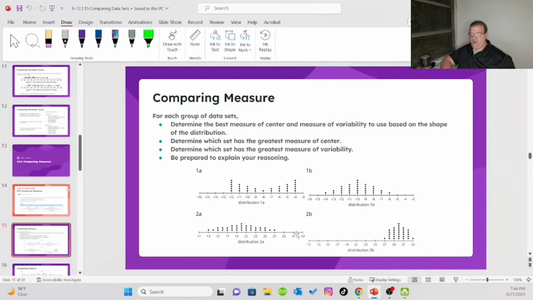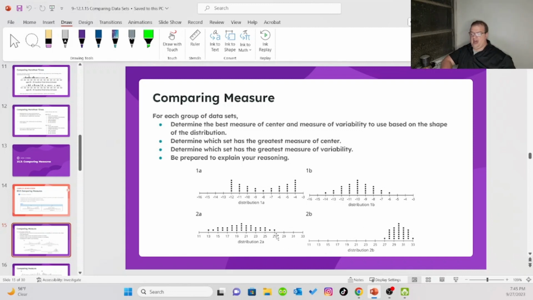Now, if we look at 2A and 2B, we have what looks to be bell-shaped symmetrical and bell-shaped symmetrical. So again, we're going to use the mean and the standard deviation because we have symmetrical data. Then if we look, 2B has a center at 30, 2A has a center at 20, so 2B is the greater measure of center.